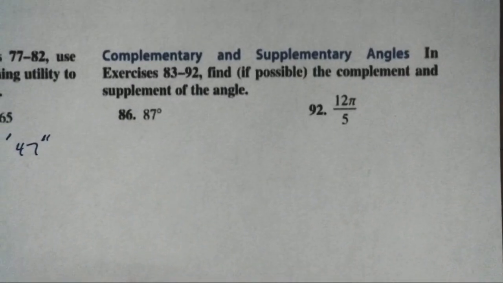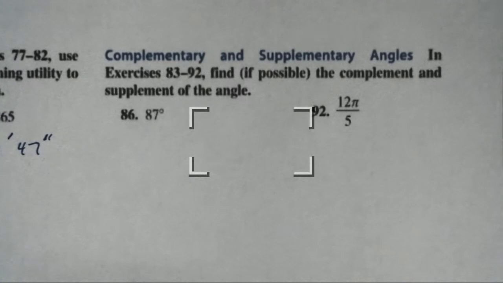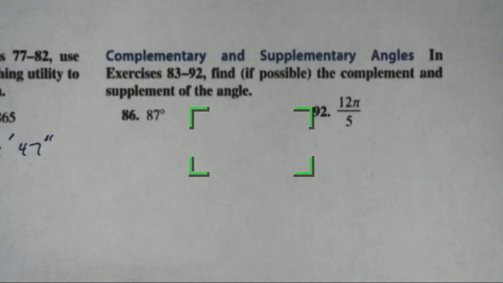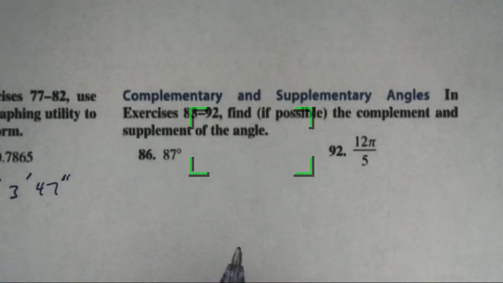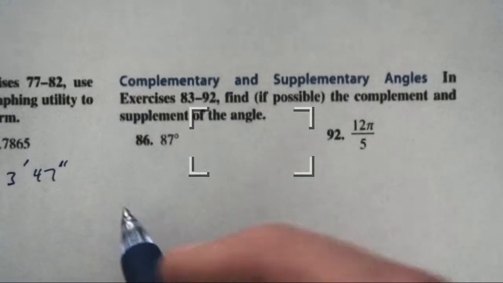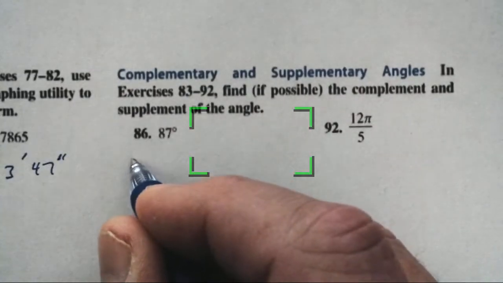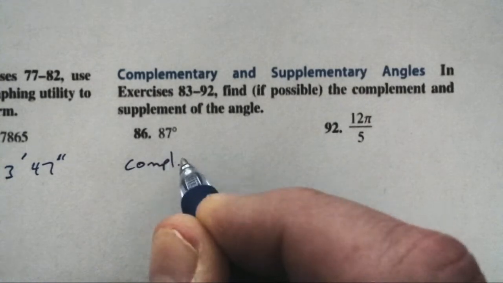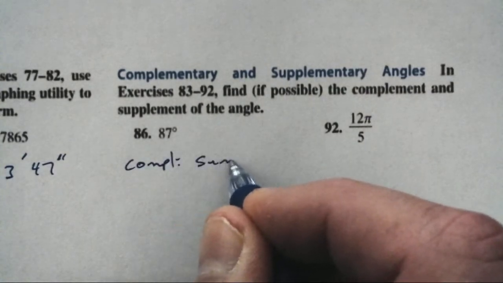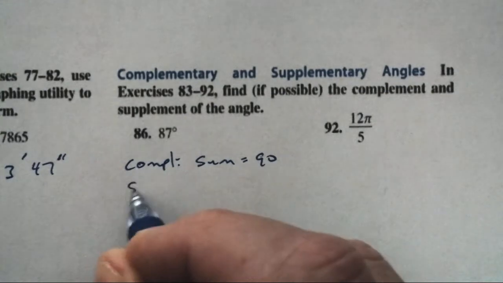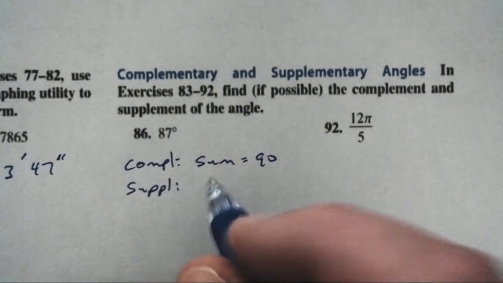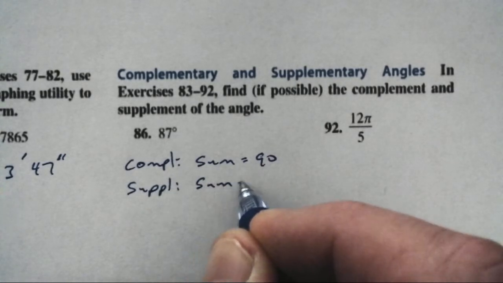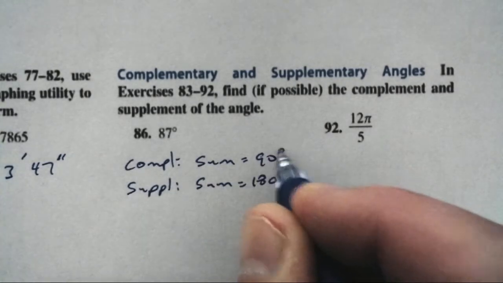In the next exercise, find the complement and supplement. And let's see, I think I might be able to get away with this. Okay, all this zooming. So just a reminder, complementary angles, the sum is 90. Supplement, the sum is 180 degrees.